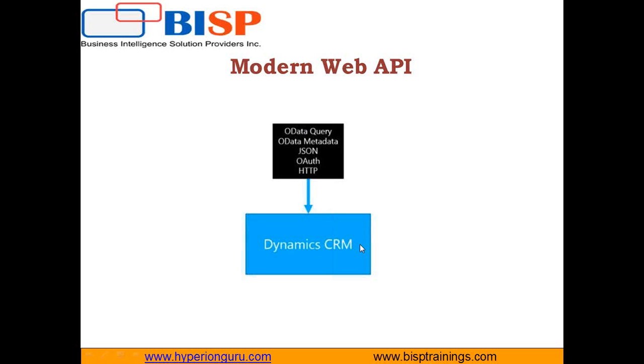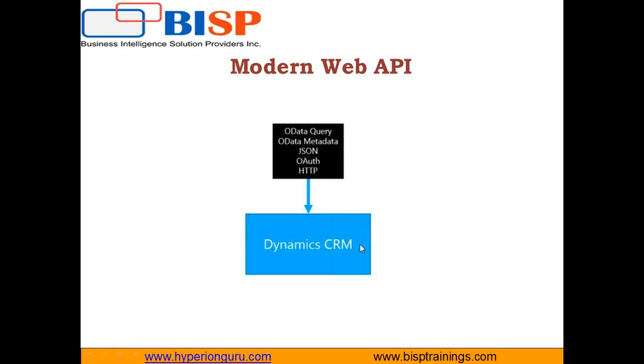2016 on premises, provides a development experience that can be used across a wide variety of programming languages, platforms, and devices. The web API implements OData. OData stands for Open Data Protocol version 4.0, an OASIS standard for building and consuming RESTful APIs over rich data sources.